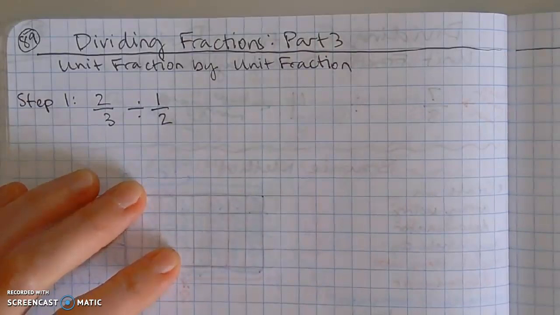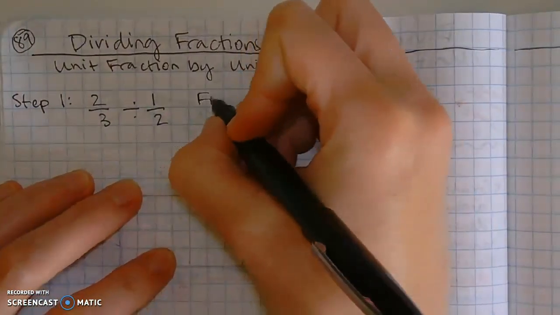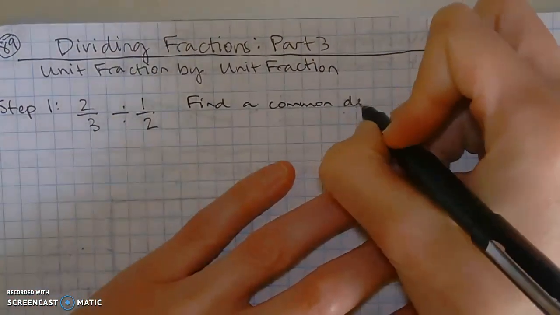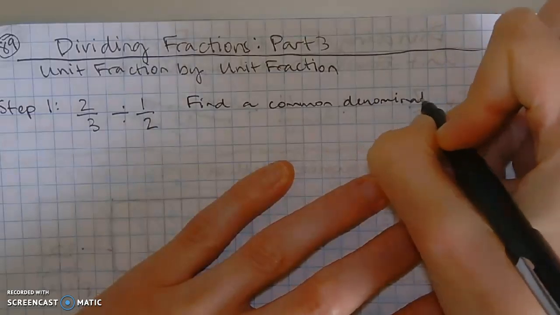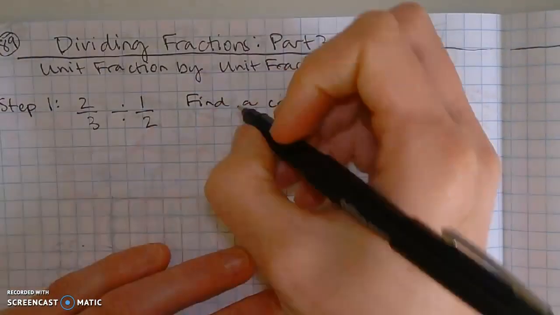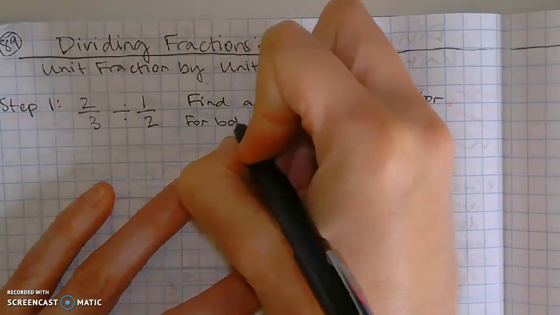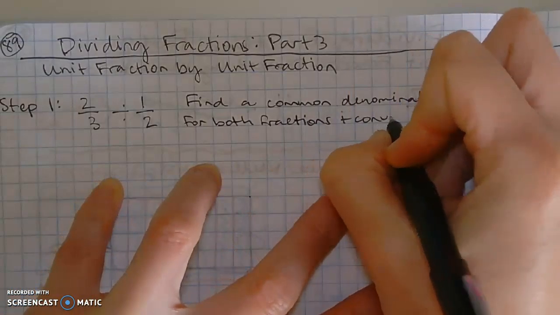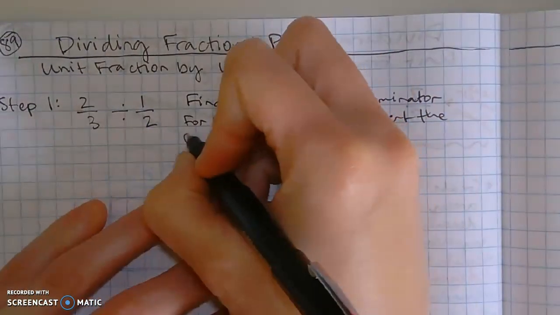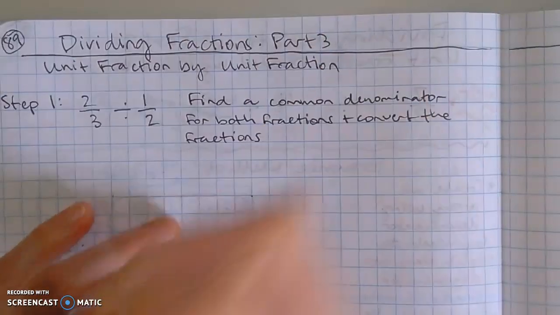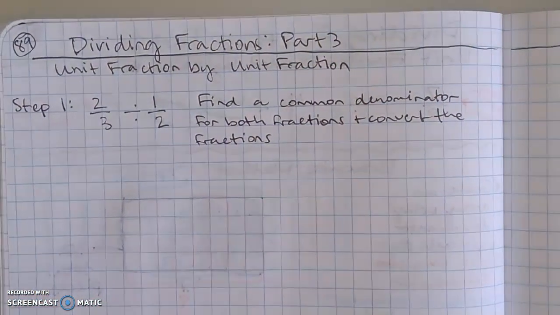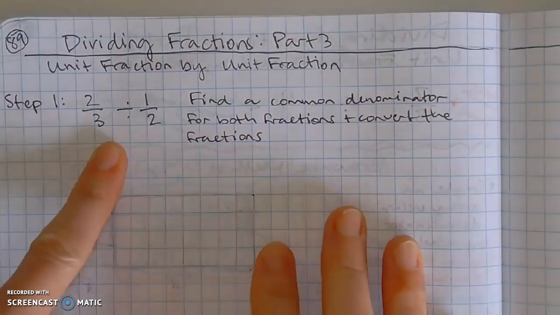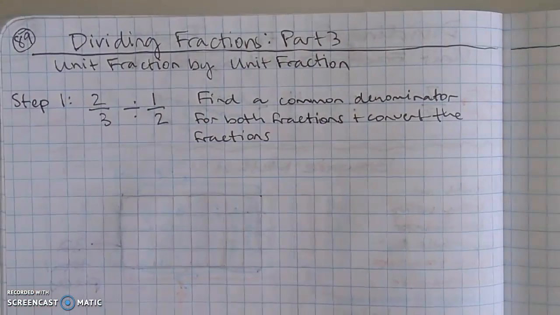My first step is I need to find a common denominator for both fractions and convert the fractions. Okay, so I know that a common denominator between both of these fractions is going to be sixths. So I'm going to do that, okay?